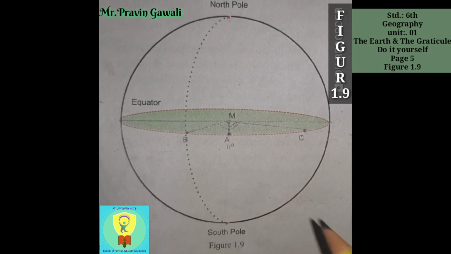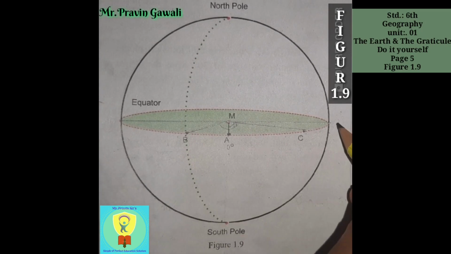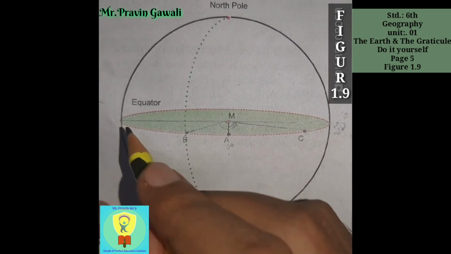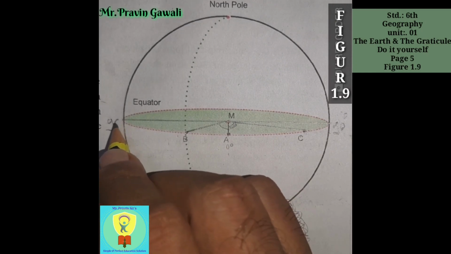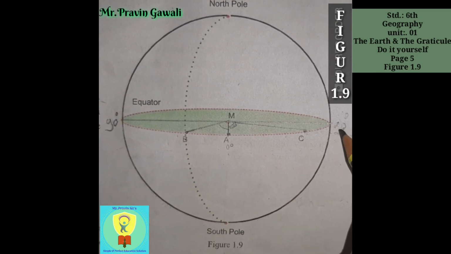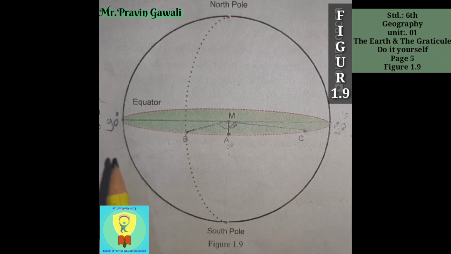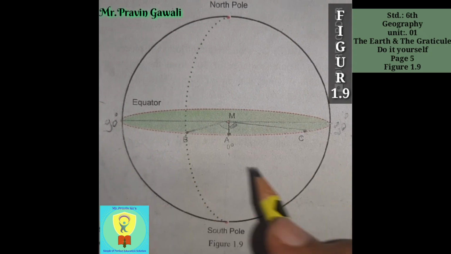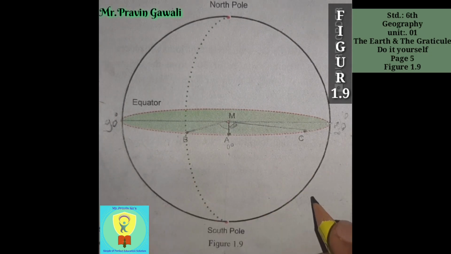If this is 0 degree then this will be 90 degree, as we know. This is also 90 degree: 90 degree on the east side of the sphere, 90 degree on the west side of the sphere. We know that a semicircle is 180 degree.